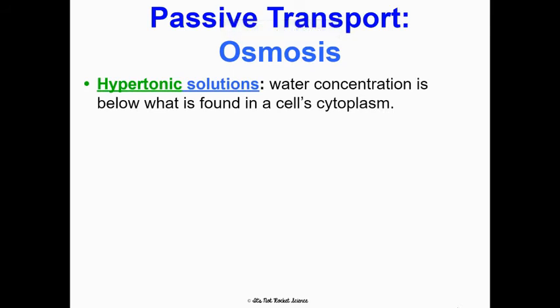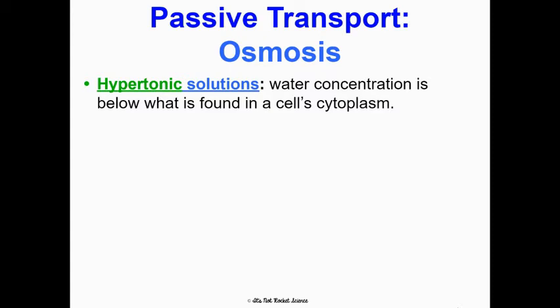Okay, so we need to talk about some vocabulary around osmosis before we go forward, because the better you understand these couple of terms, the easier this unit will be to understand, and the lab we do will be easier to understand as well. So the first one is hypertonic solution.